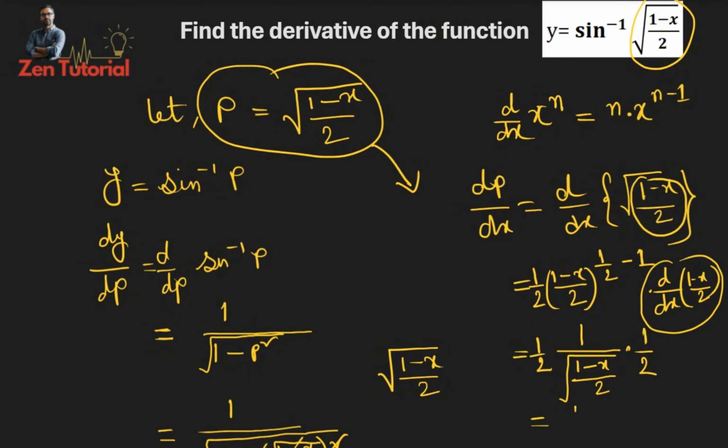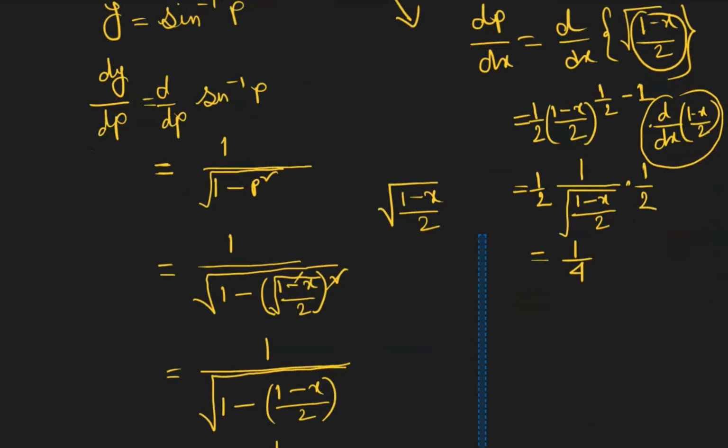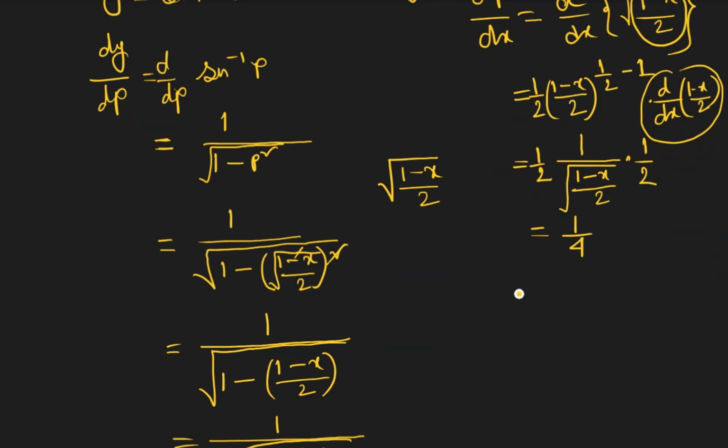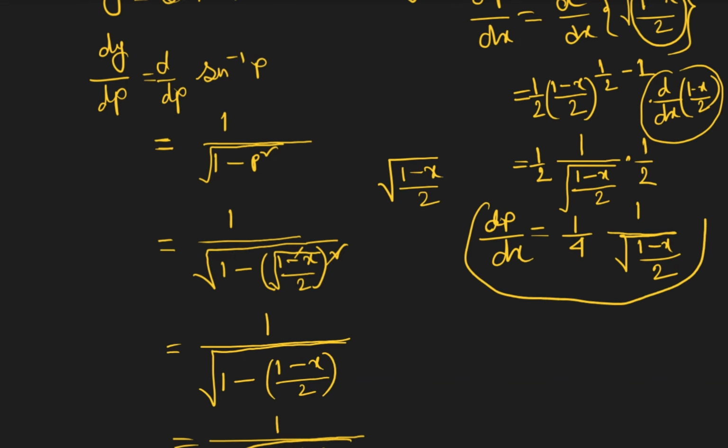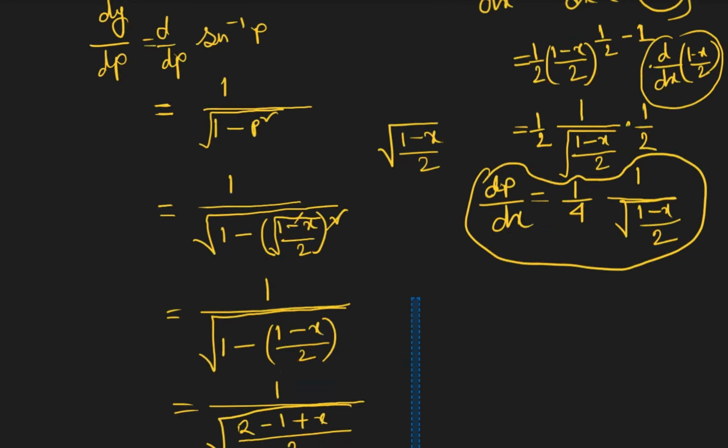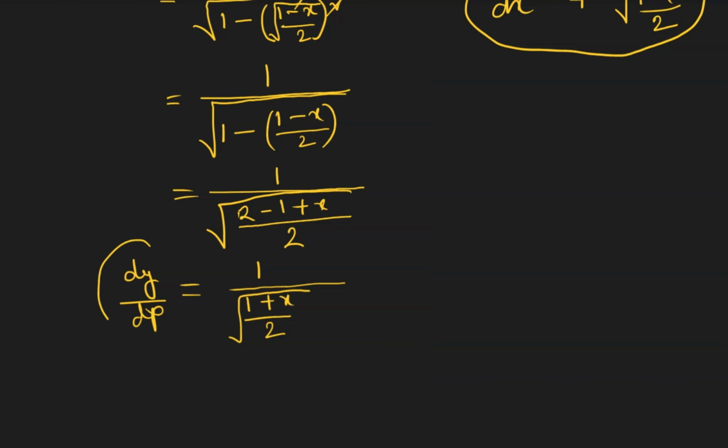And here we can write down 1 over 4, because 2 multiplied by 2 is 4, and 1 over square root of 1 minus x over 2. So here the value is dp over dx, right? So this is the value of dp over dx, and here we have got dy over dp.